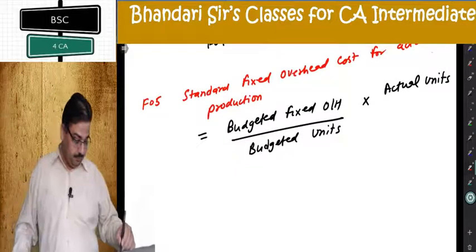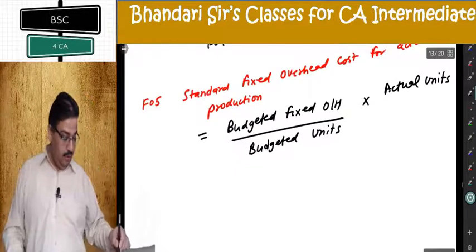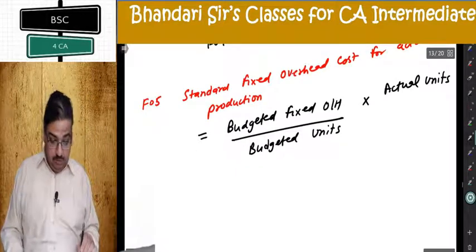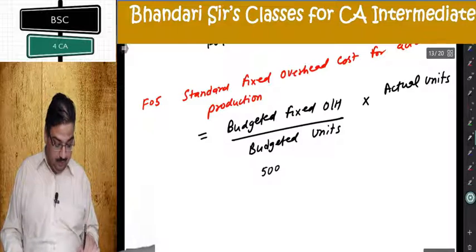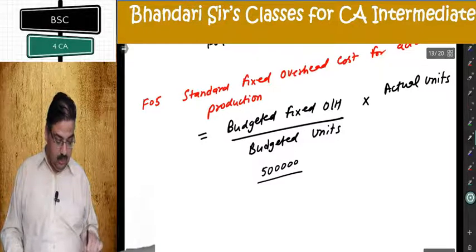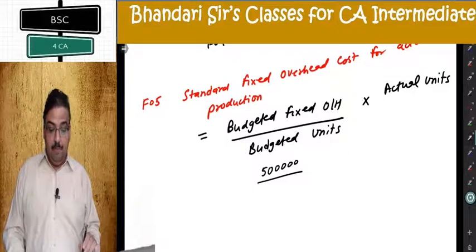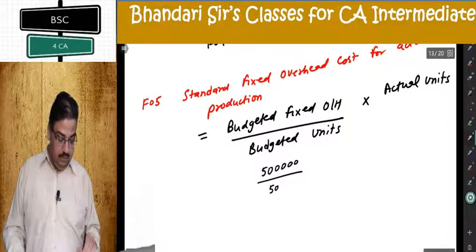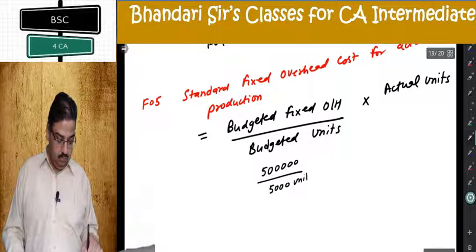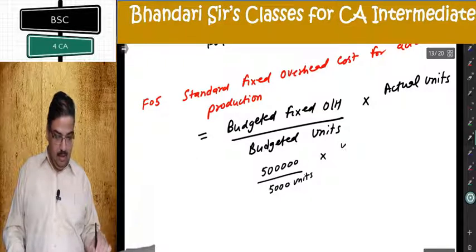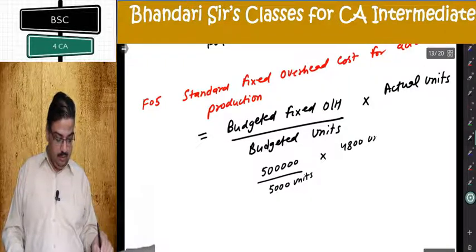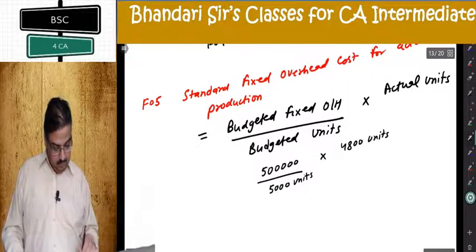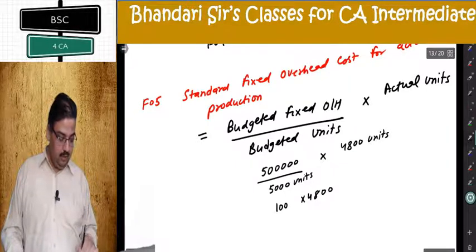FO5, budgeted fixed overhead. Budgeted fixed overhead we had 5 lakh. Divide by budgeted units 5,000, multiplied by actual units 4,800. 100 into 4,800.